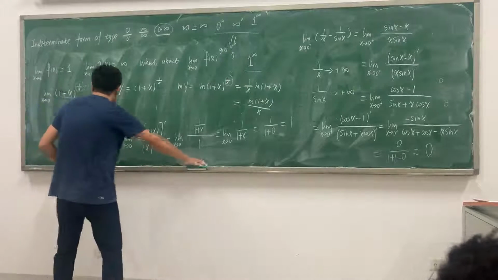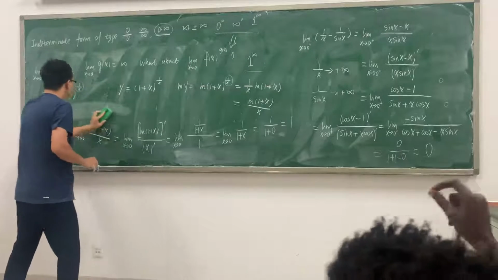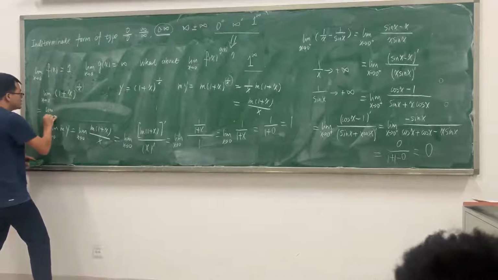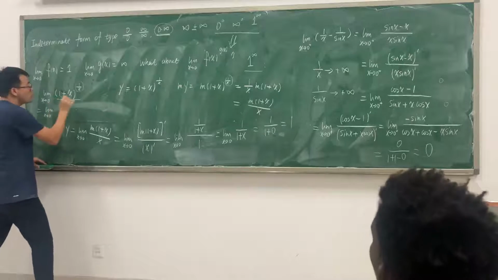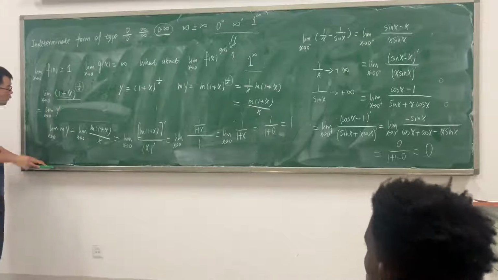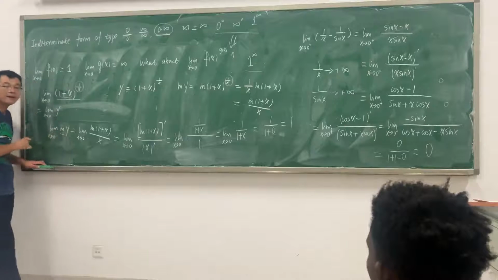So now this limit actually is the limit as x approaches 0 of y. What's the relationship between y and ln y?